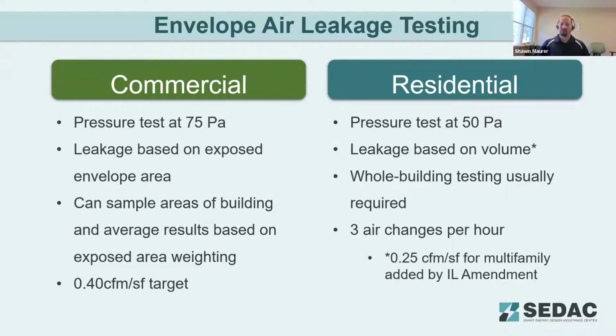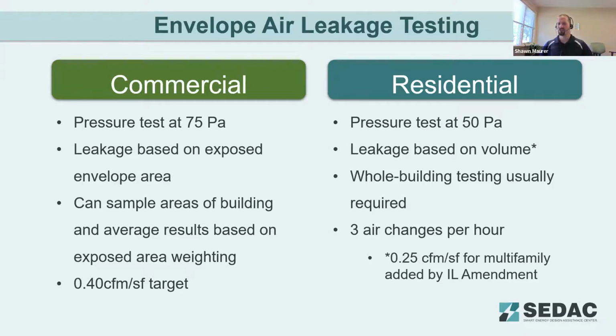For multifamily buildings, currently with the 2018 IECC, there's an Illinois amendment that details multifamily pressure testing samples. And so this is not based on volume of the building. It is based on the enclosure area. So it's 0.25 CFM per square foot of all sides of that unit, including interior walls.